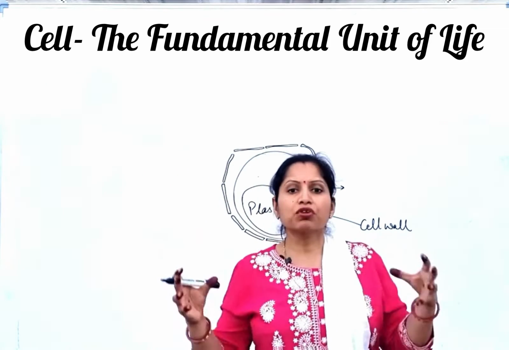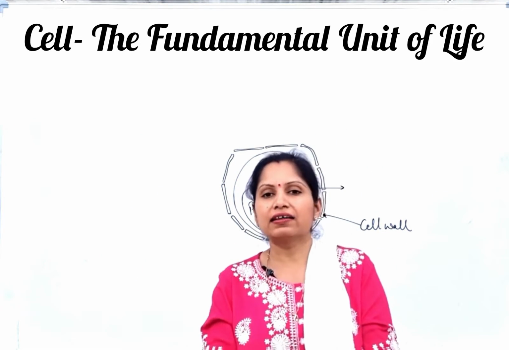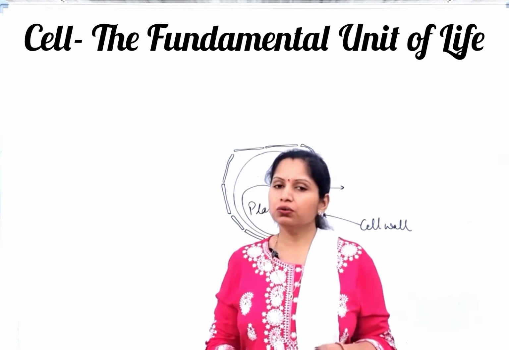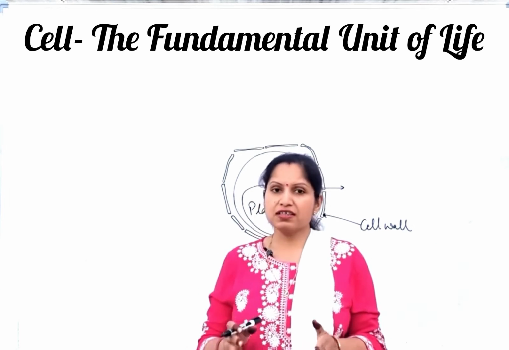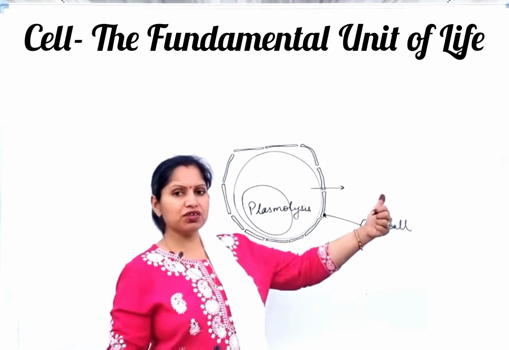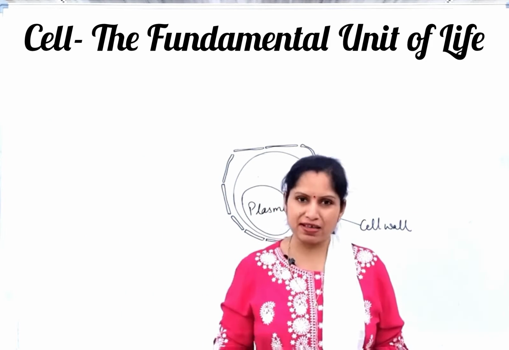Means all the protoplasm of the cell gets collected at one place, and that is known as plasmolysis. This plasmolysis will occur only when we are putting the cell in a hypertonic solution, and due to the hypertonic solution, the water moves out of the cell, all the cell components get collected at one corner, and that is known as plasmolysis.